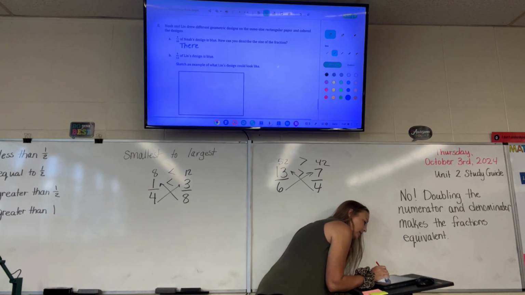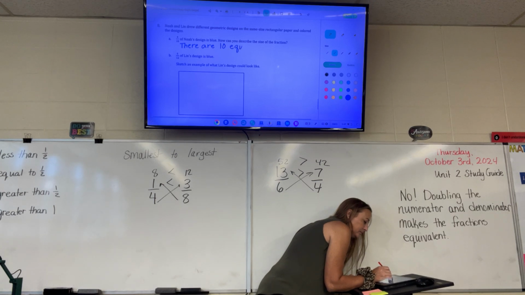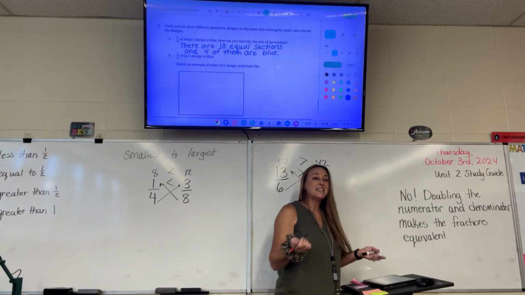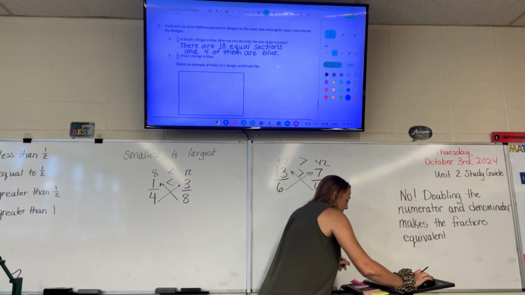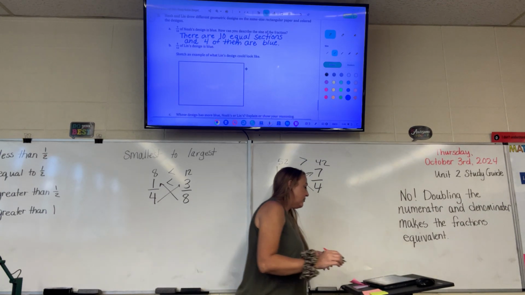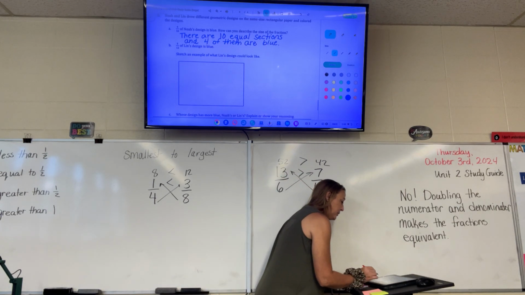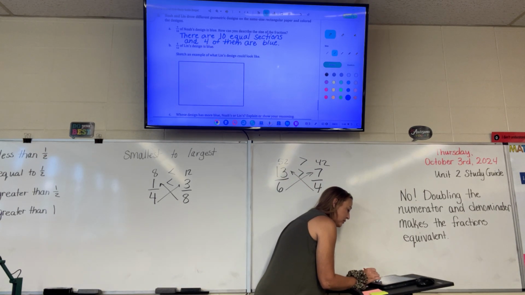There are 10 equal sections. And 4 of them are blue. And that's it, right? That's what 4/10 looks like. That's how you would describe it. Next it says that Lynn did 5/12 blue, and we're gonna sketch what hers might look like.